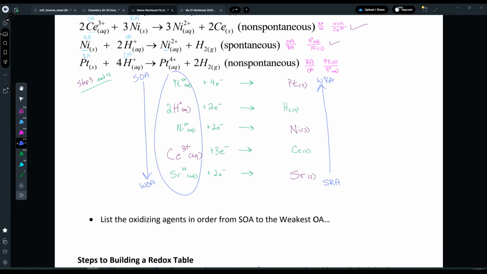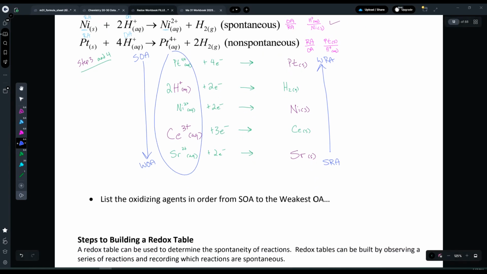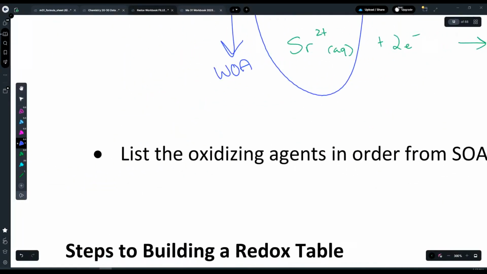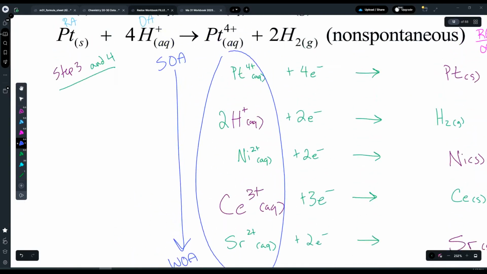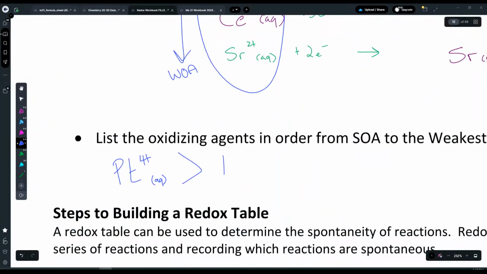So that's where we're getting all of our chemical species. Strongest oxidizing agent, we said that's platinum 4+ aqueous. That is stronger than hydrogen ions.